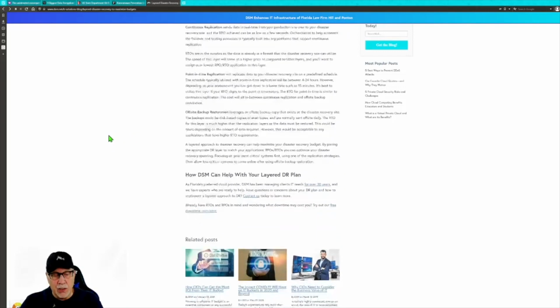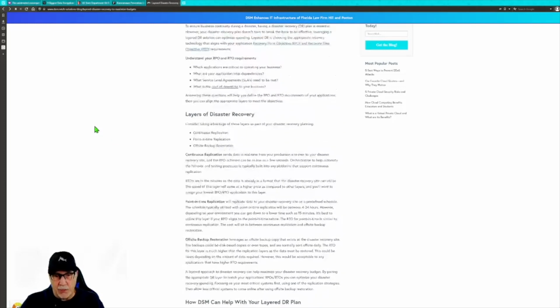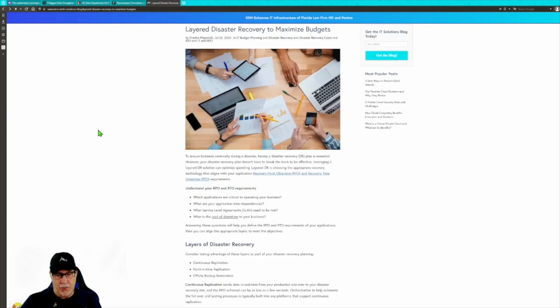And they talk a little bit about immutability and some of the things that factor into it. But I just thought it was kind of interesting that here's this relatively small, pretty modest, regional managed service provider that's adopting these best practices and selling them to their client base.